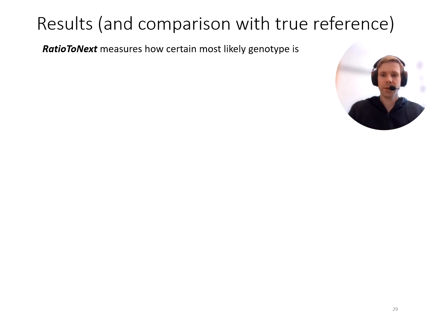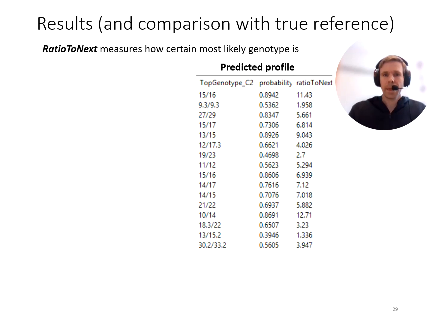So now let's look at the results. We have a table for each contributor. First, let's focus on C2. We have the top most likely genotype, and then we have the genotype probability.